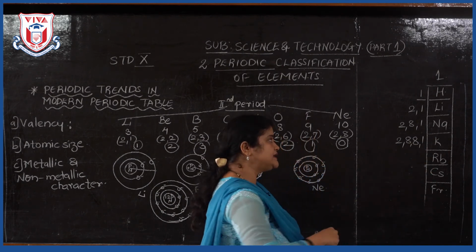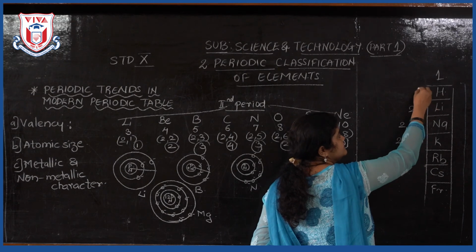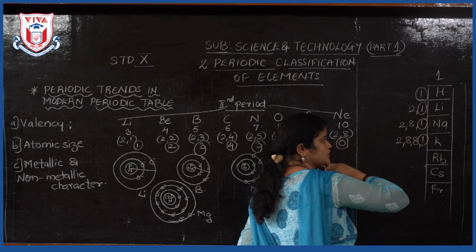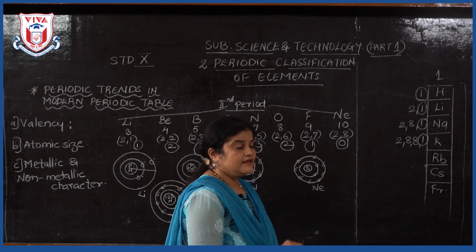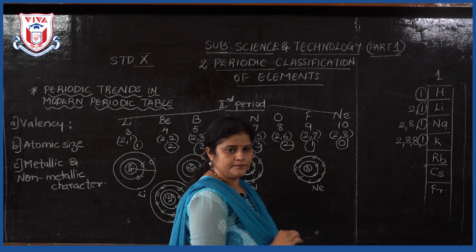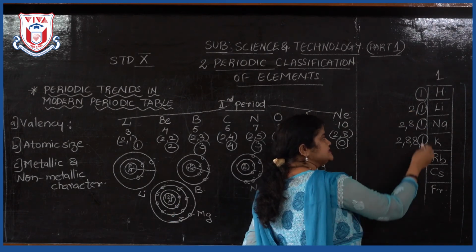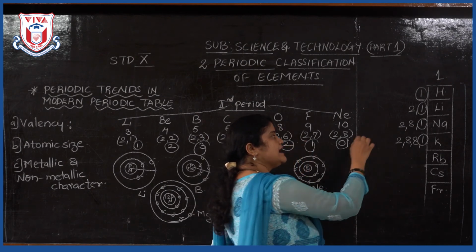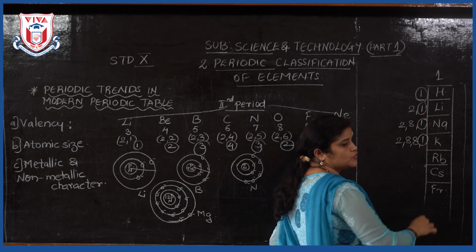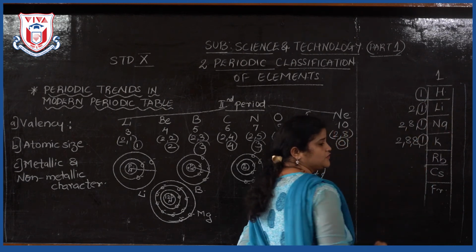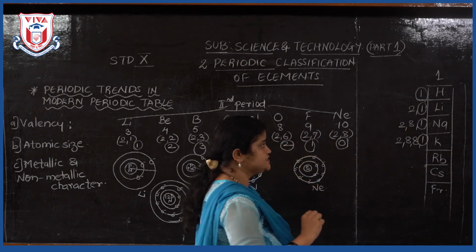If we compare, all of them have only 1 electron in their outermost shell. That means this number indicates their group number. As all the elements have only 1 electron in their outermost shell, they are placed in group 1A.